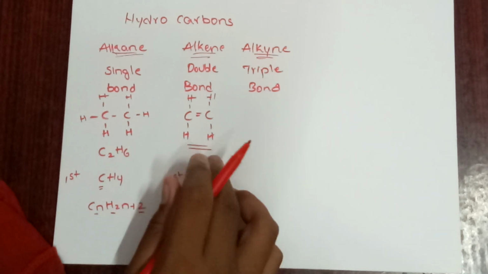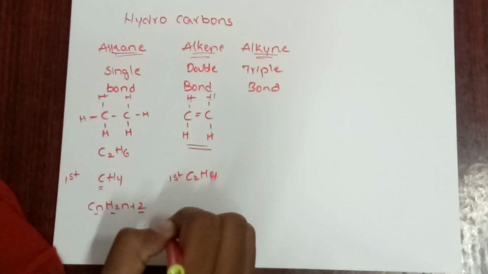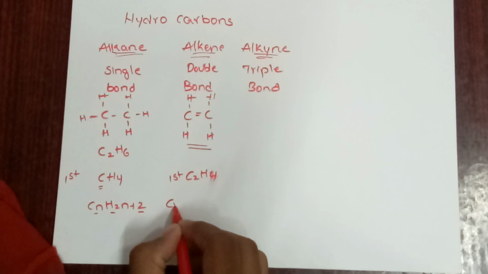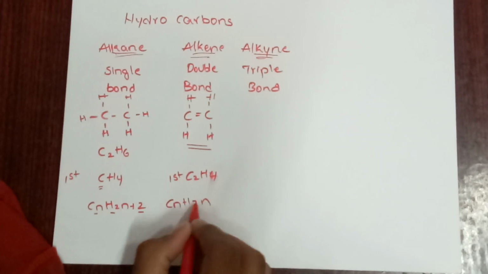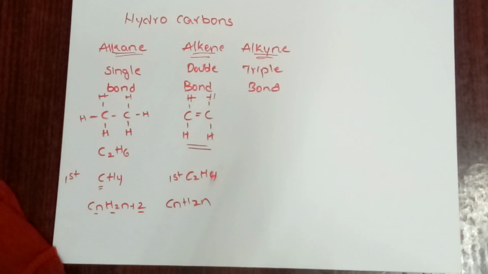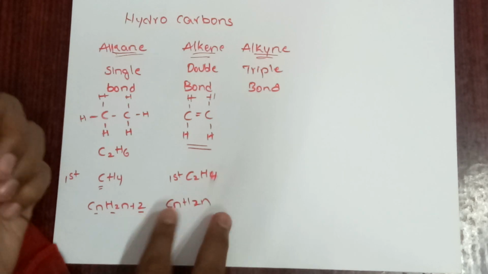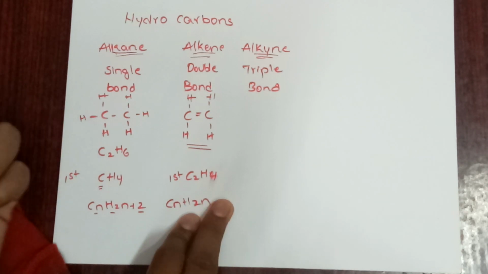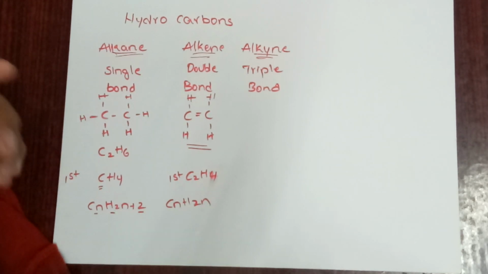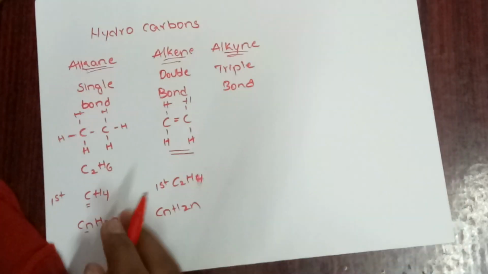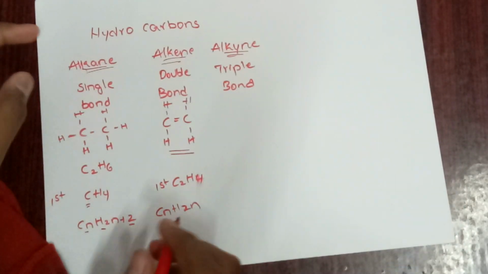I'm sorry, this is not 2, this is 4. Its general formula is CnH2n. You can understand this simply, because the number of hydrogen atoms is exactly twice the number of carbon atoms. With this we end the topic alkene, and we also completed alkane.